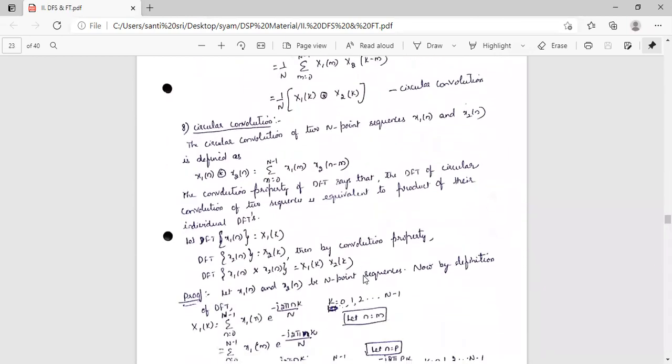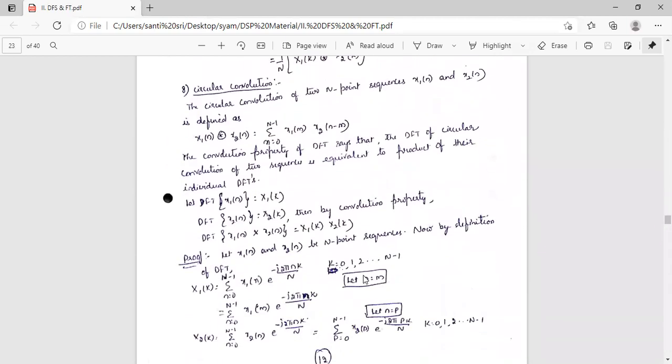Then the eighth property is circular convolution. It is defined like this: the circular convolution of two N-point sequences x1 of n and x2 of n is defined as x1 of n circularly convolved with x2 of n is equal to sigma m equal to 0 to N minus 1 x1 of m into x2 of n minus m.